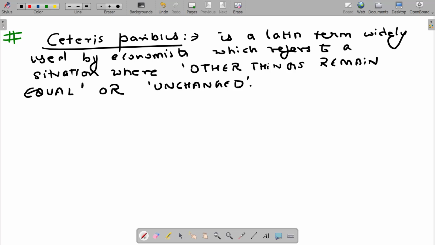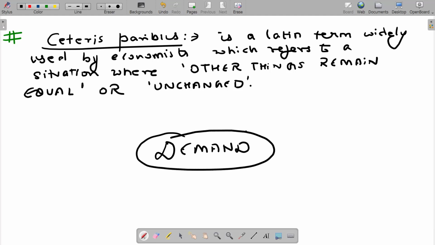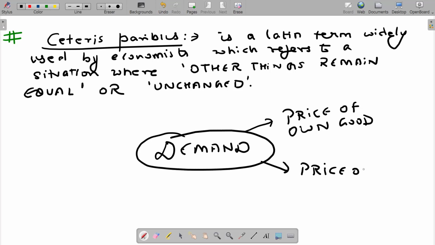So if we talk about demand, it is influenced by so many factors. Price of own good. It is also affected by price of related goods like substitutes and complements. We're going to do this later as well in depth. It also depends upon how much income I earn.